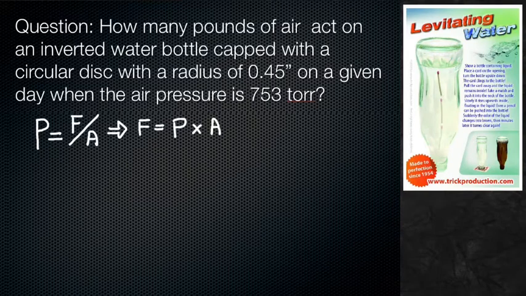In this sample calculation, we're going to be calculating the force that acts on a certain area. So the first thing you might want to do is to manipulate the equation so that you're finding the thing that you want to find here, which is the force.